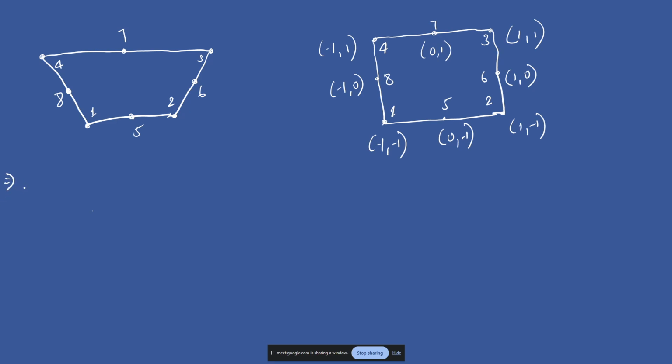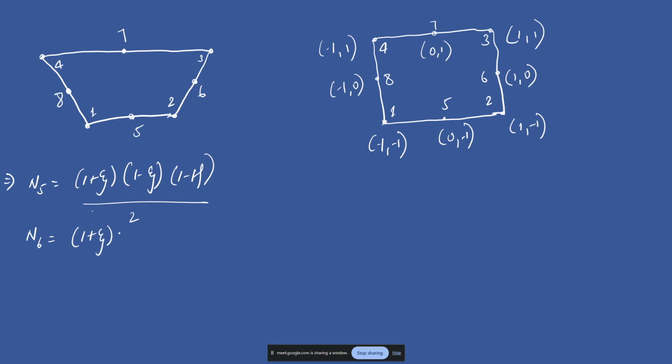So let's write it for n1 first. Let's write for that intermediate node first. So n5 is given by 1 plus xi, 1 minus xi, 1 minus eta per 2. n6 is given by 1 plus xi, 1 plus eta, 1 minus eta, and this is by 2.